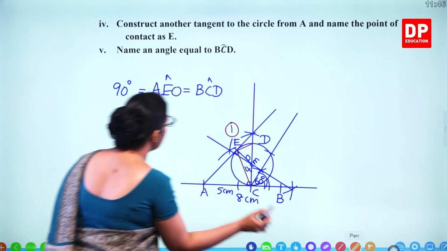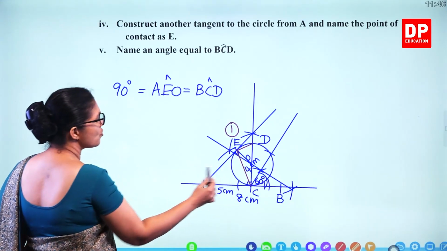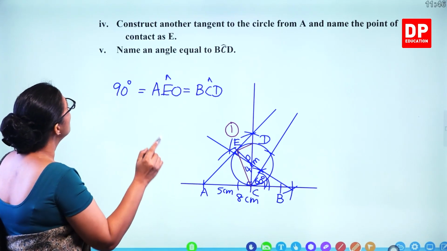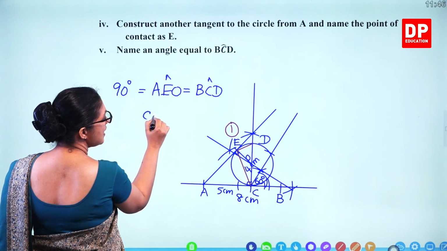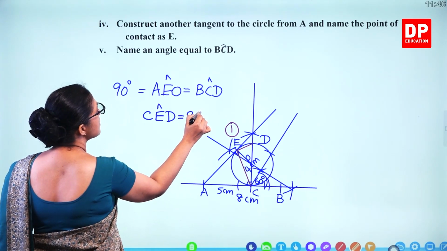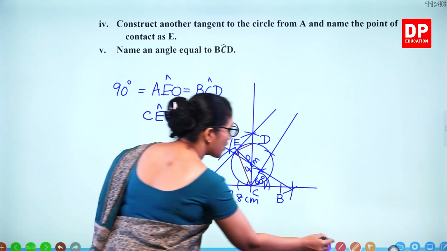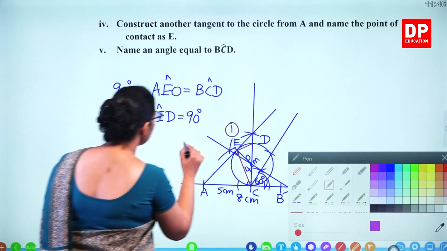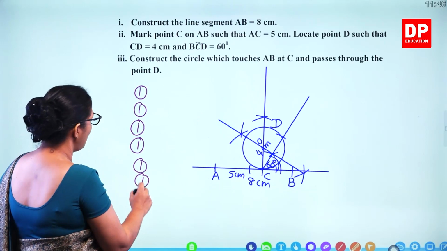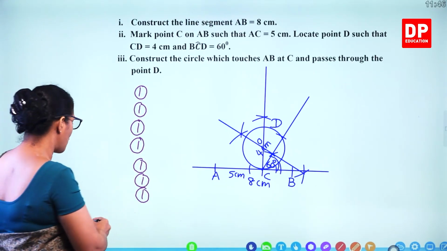Tangents are perpendicular to this one, so you can write CED is also 90 degrees. So 2 marks for that. So 2, 3, 4, 5, 6, 7, 8, 9, 10. 10 marks for the construction question.